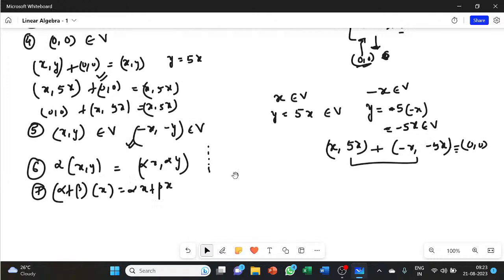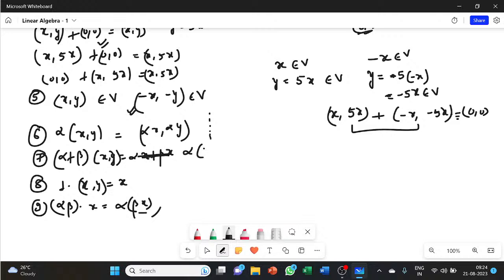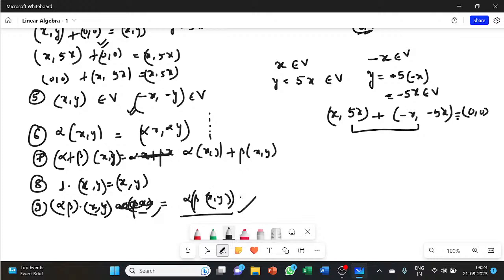I think this is something easy to see now, so I'm leaving it to you. You can clearly see that this V forms a real vector space.